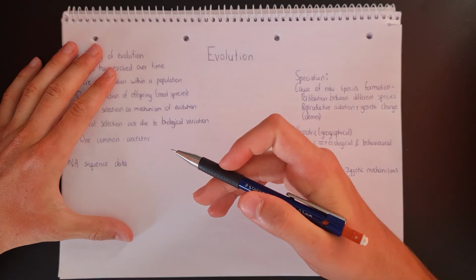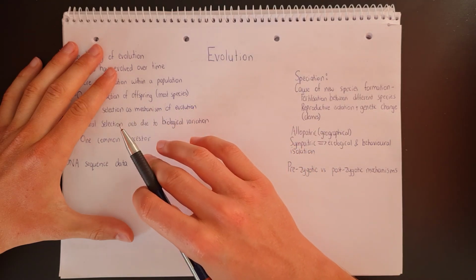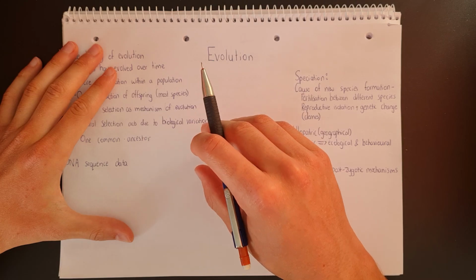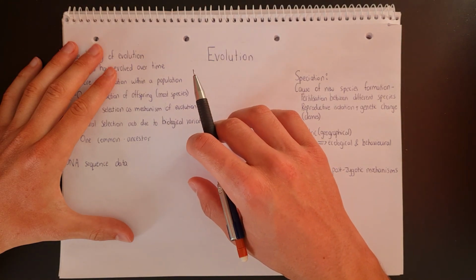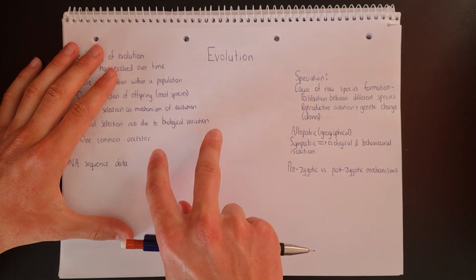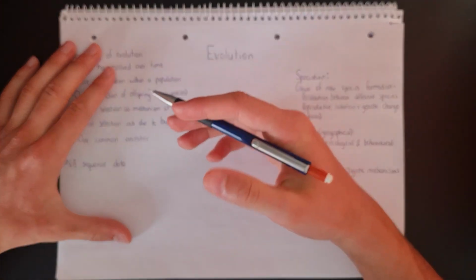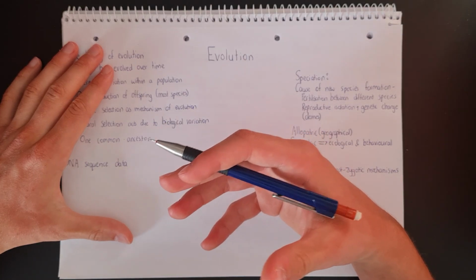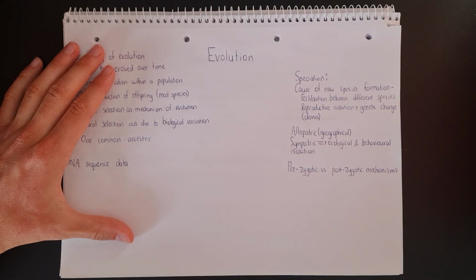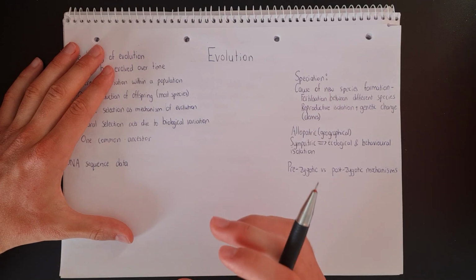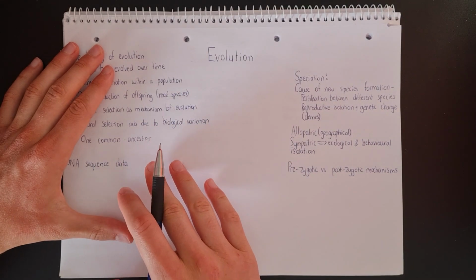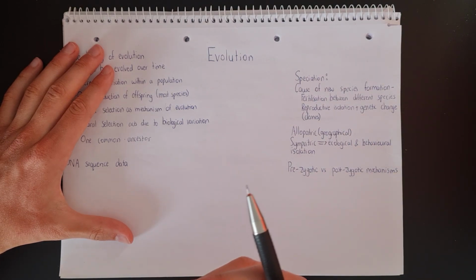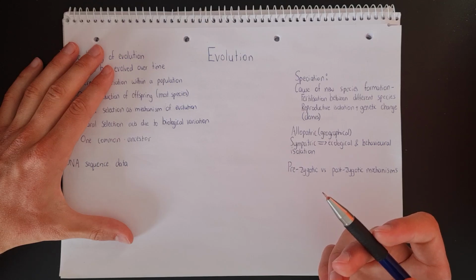Now, if one organism has, let's say, 10 mutations, and another organism has the same 10 mutations, then they are most likely going to be very closely related. So from sequencing the DNA nucleotides of an organism, we can identify how many mutations are in that organism and then compare that with the number of mutations in another organism for specific genes, for example.